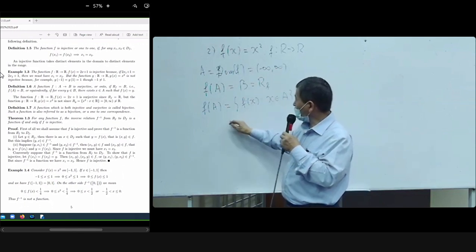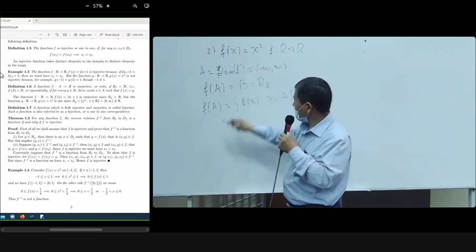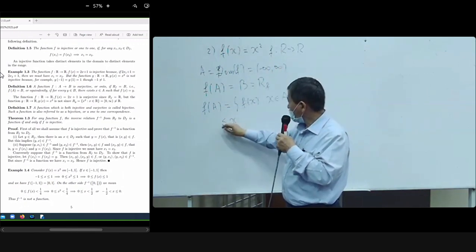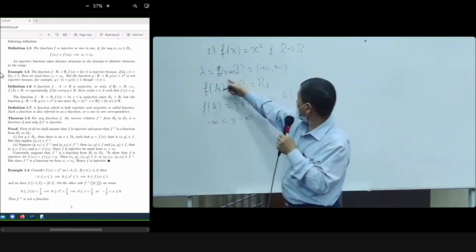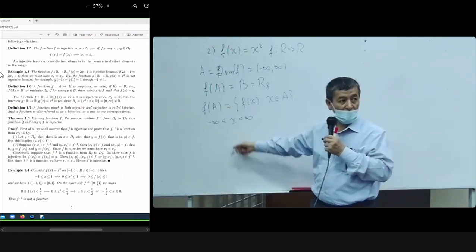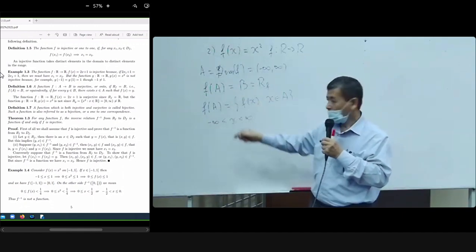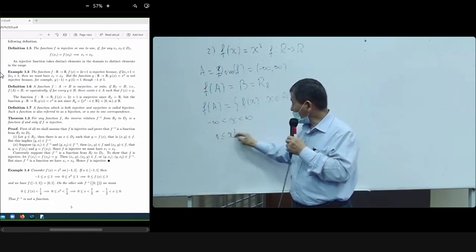Okay, now x belongs to A means, so here I have x from minus infinity to plus infinity, because A is like this. So x belongs here. From here, raising to the square gives us 0 to infinity.